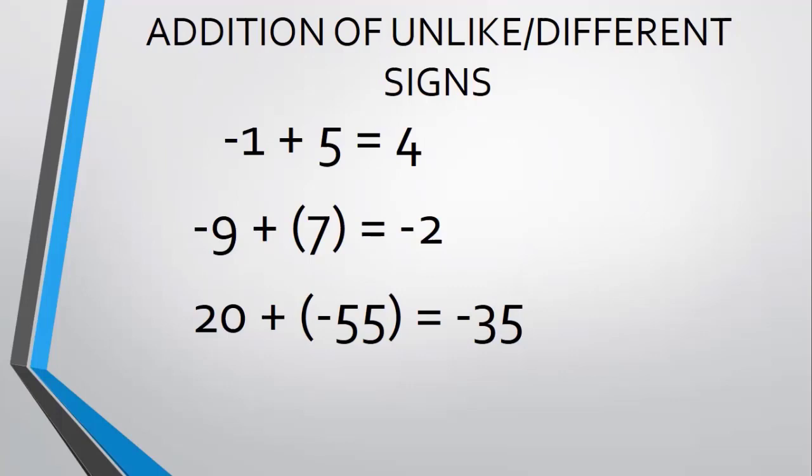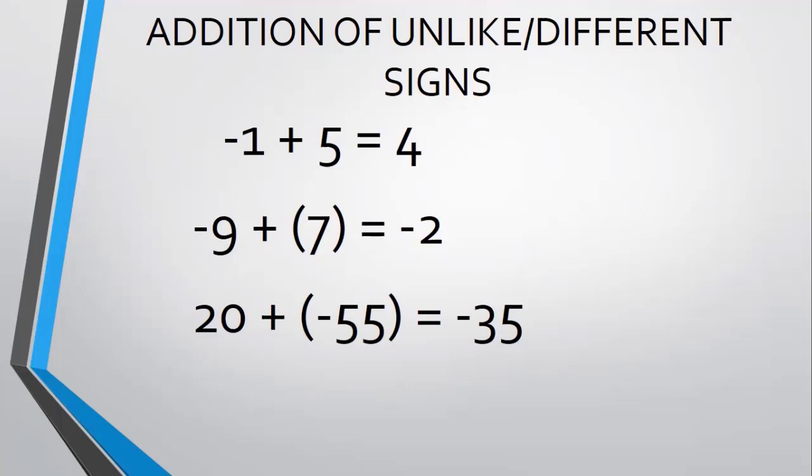In example number 2, negative 9 plus positive 7. Subtract their absolute value. 9 minus 7 is 2. And following the sign of the number with a greater absolute value, here the number that has a greater absolute value is negative 9. The sign is negative. Hence, our sum is negative 2.